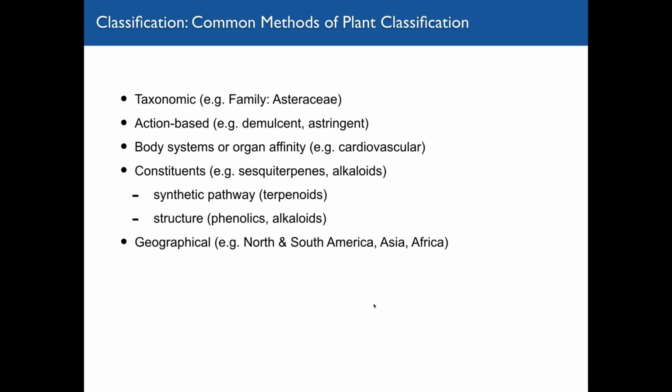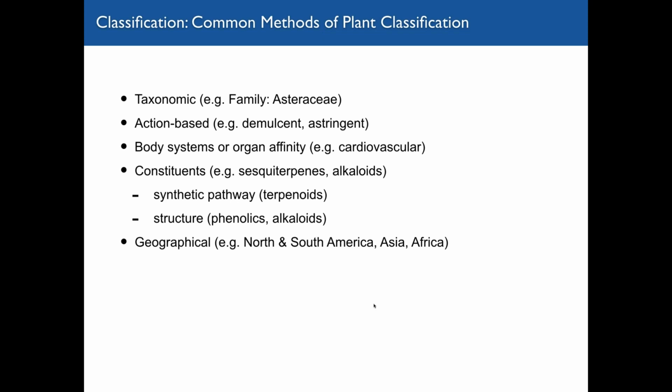So cardiovascular herbs could be antihypertensives. They could be cardiotonics, hypolipidemics, meaning they lower cholesterol, or blood thinners or antiplatelet herbs. So action would be more specific, and body system would be more general.